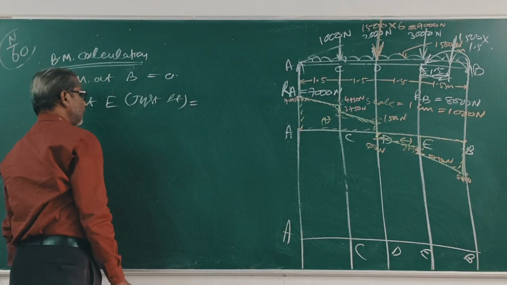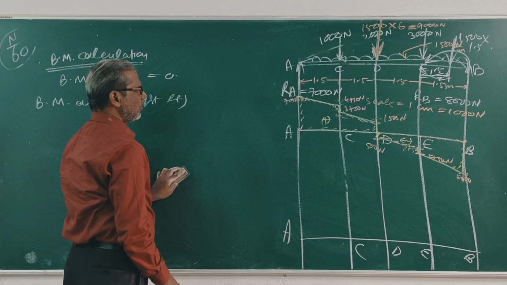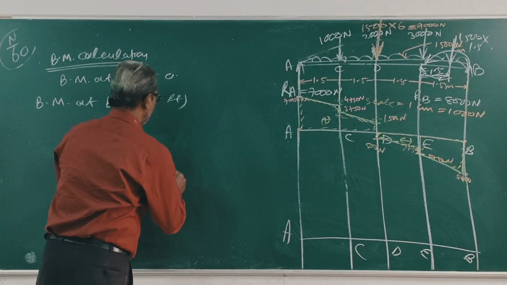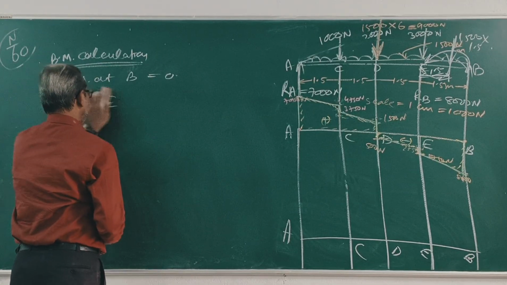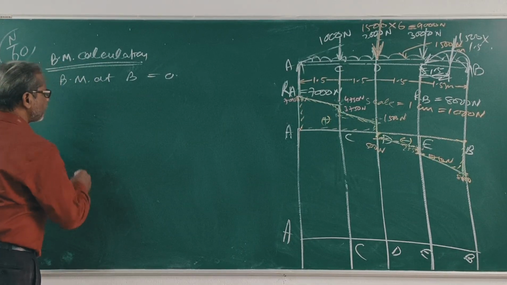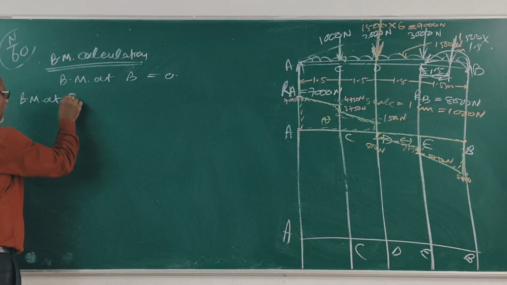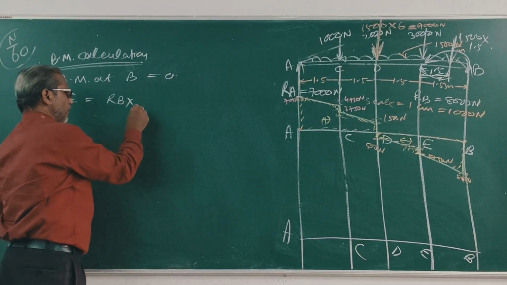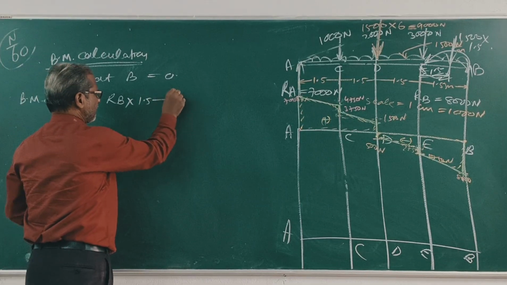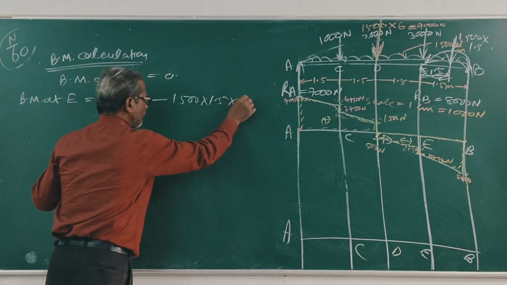So, BM at E just right: RB into 1.5 minus 1500 into 1.5 into 1.5 by 2.